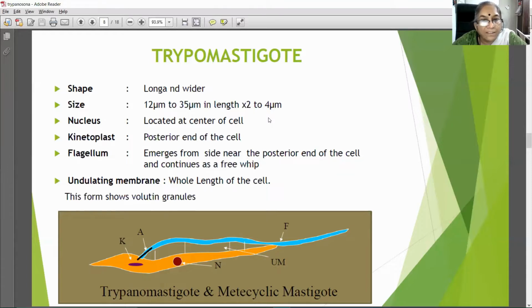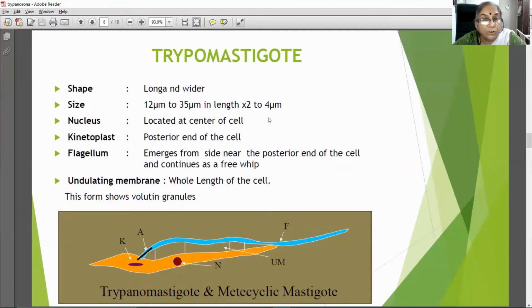The flagellum also emerges near the posterior end of the cell and continues as a free web throughout the length of the cell, emerging out of the cell as a free flagellum. From the posterior end to the anterior end, it has a whole length of undulating membrane.